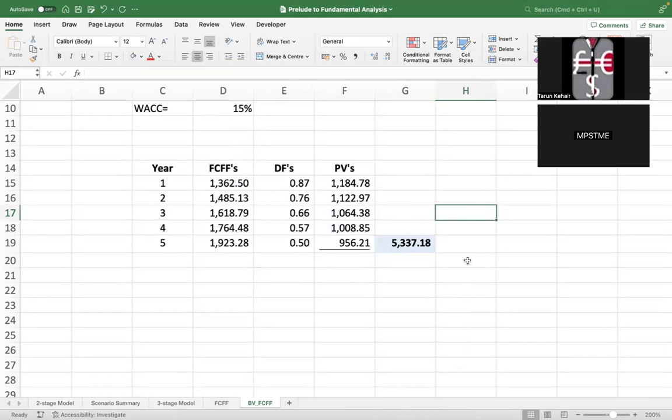You can also do this using the formula that I had told you in the case of single security valuation.